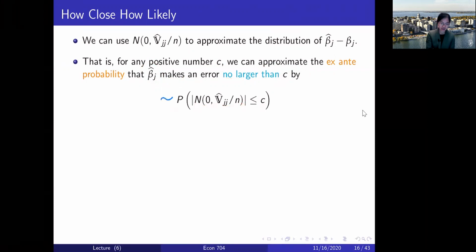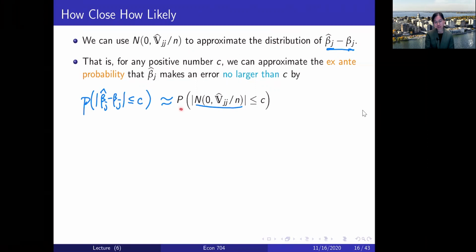We can do that because this is the approximate distribution for beta j hat minus beta j, which is the estimation error. So that is the approximate value for the probability that the estimation error is less than or equal to this tolerance C.